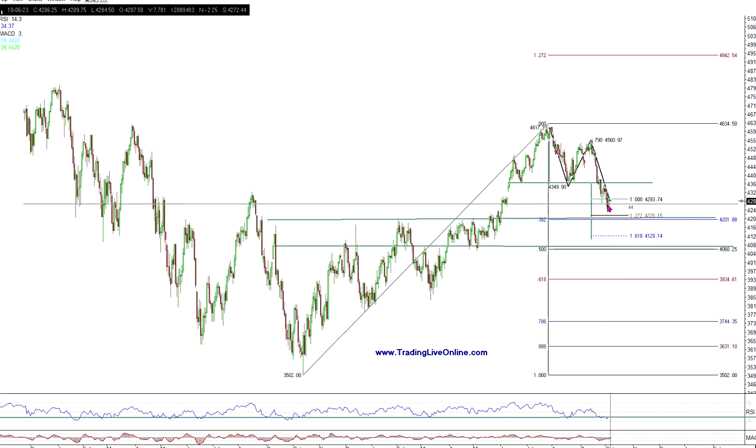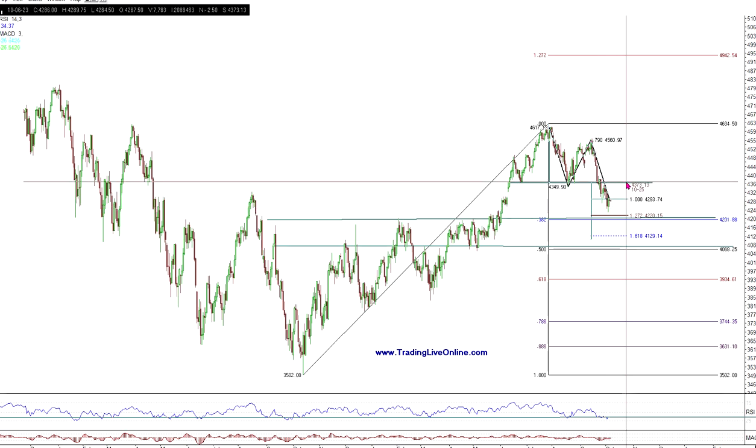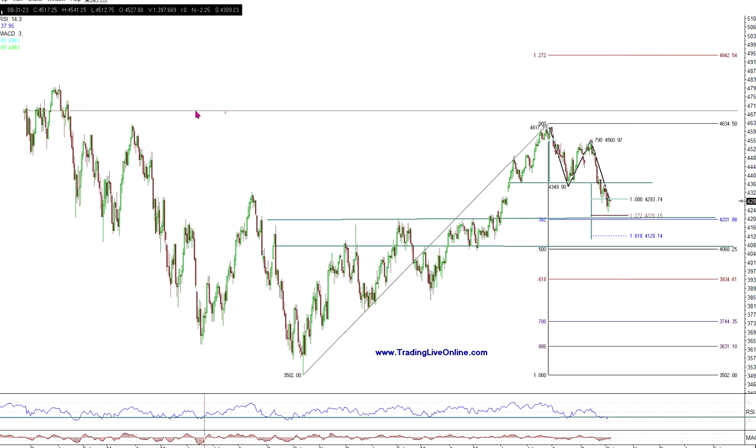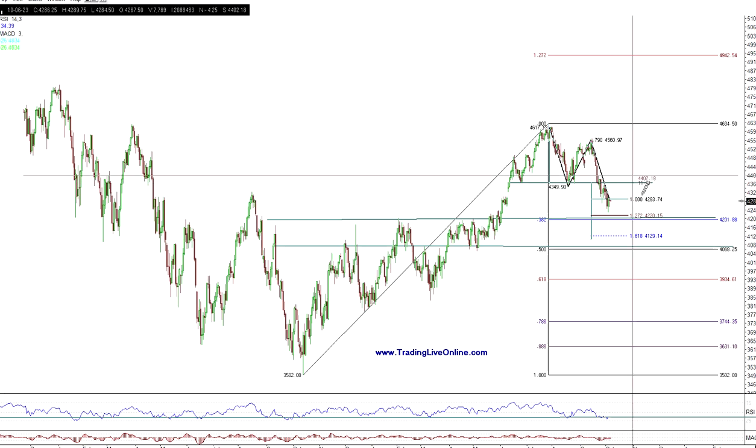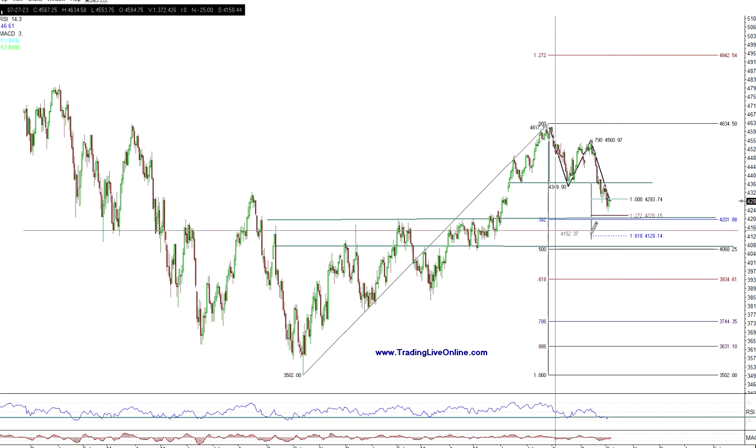So any reaction back up off these ABCD patterns is going to be important. So we want to see and watch if we get a bounce, say from the 4,200 level.